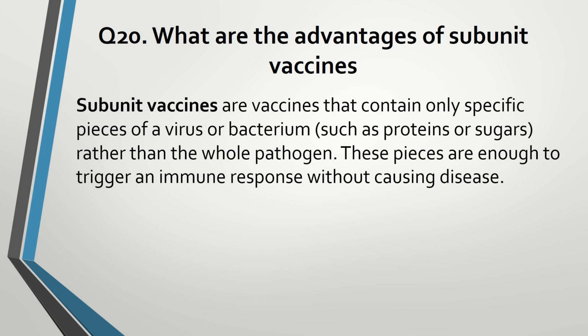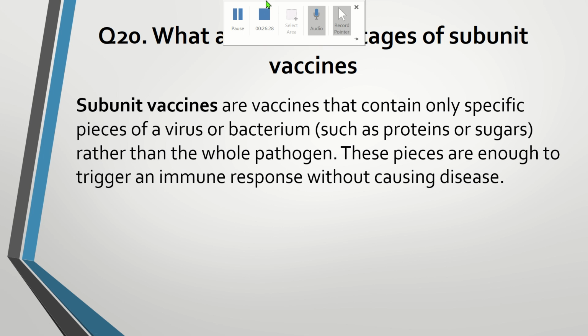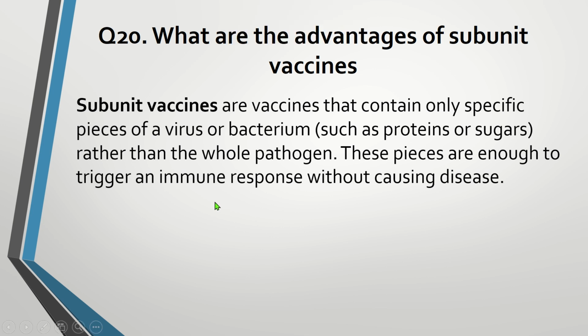Those pieces are enough to trigger an immune response without causing the disease. As you know, when the viral protein enters the body, it is recognized as foreign, so it triggers the immune response.